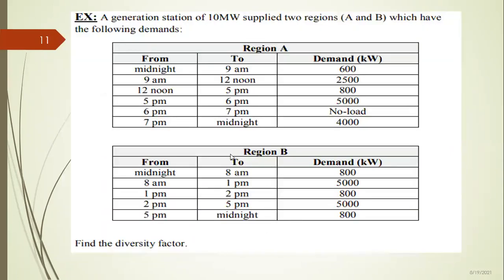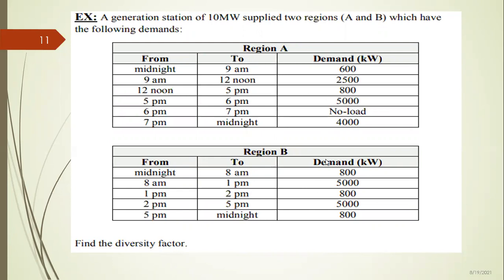Now this is again one more numerical, which you have to do by yourself. A generating station of 10 megawatt is there, that means the complete system of 10 megawatt supplies two regions.